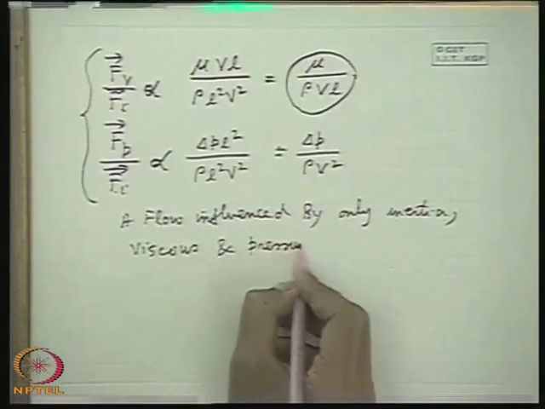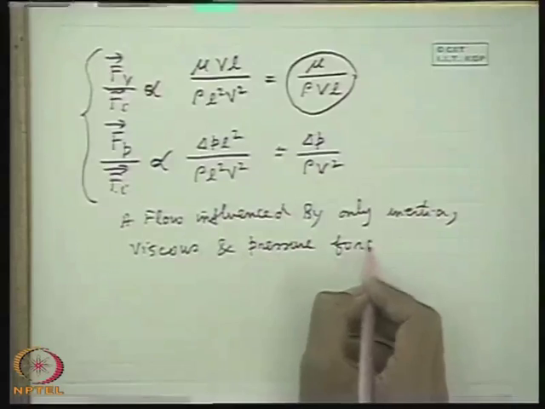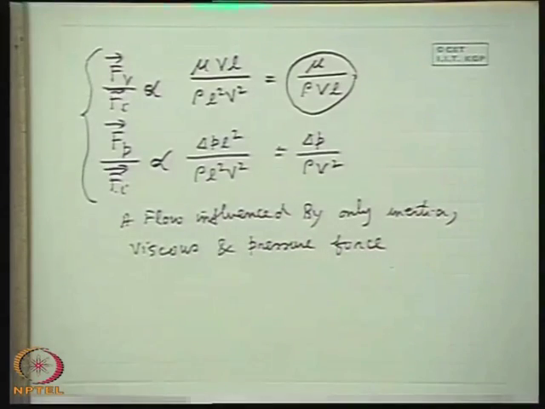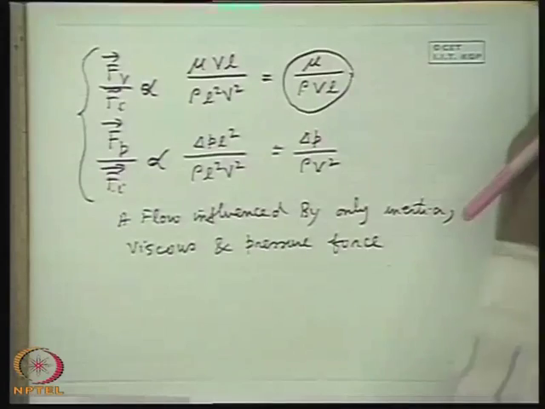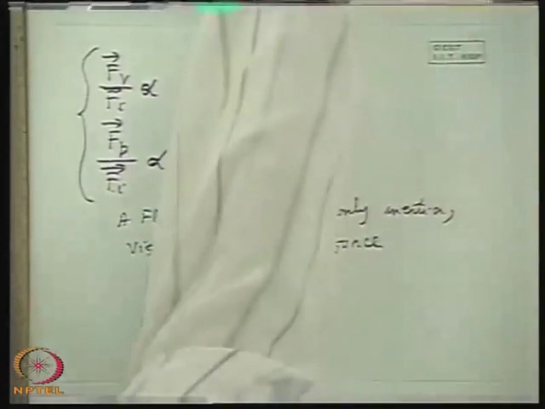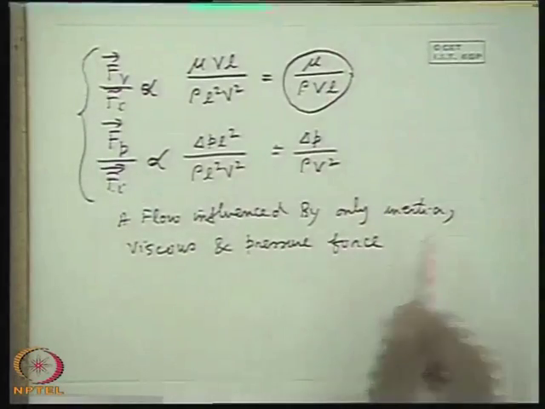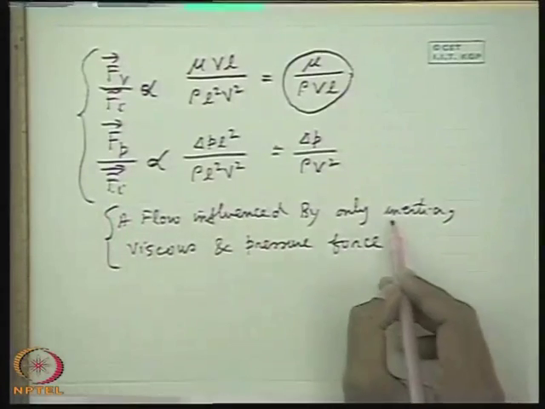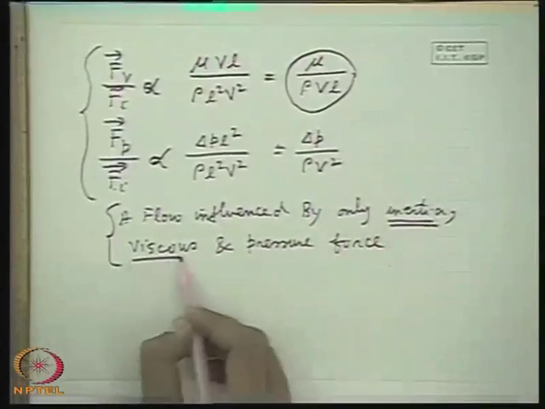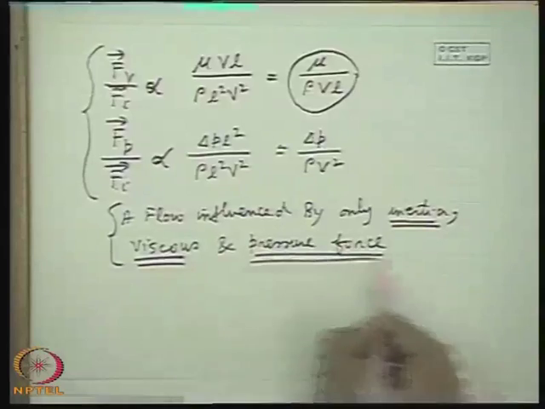You may ask me, sir, how do I know? There is no formula. There is a limit where you cannot ask for a formula or a law in the book; you will have to find out from your intelligence. You will have to first detect the physics of the problem, that this problem is guided by only these forces.